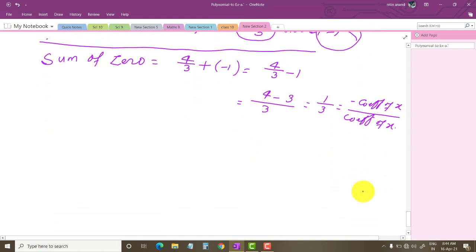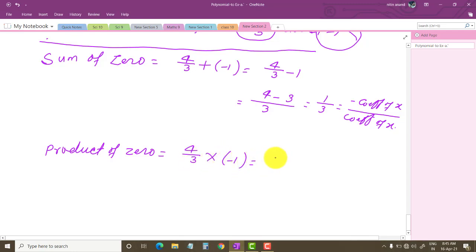Now see another, the product of zeros. The product of zeros will be, our zeros are 4 by 3 and minus 1, it becomes minus 4 by 3.